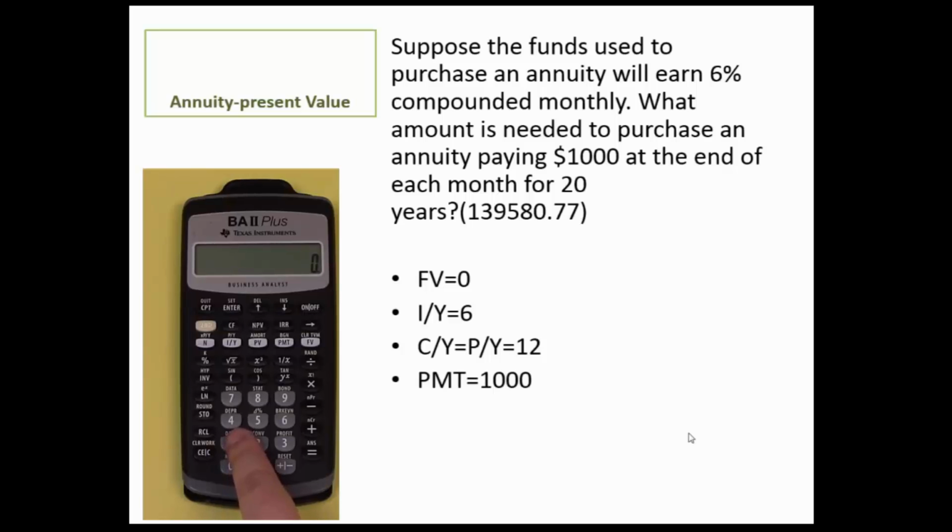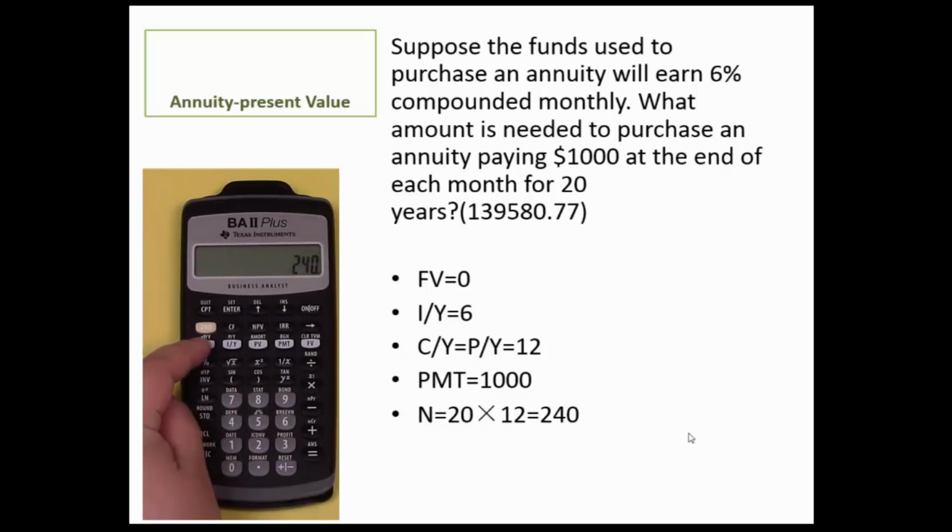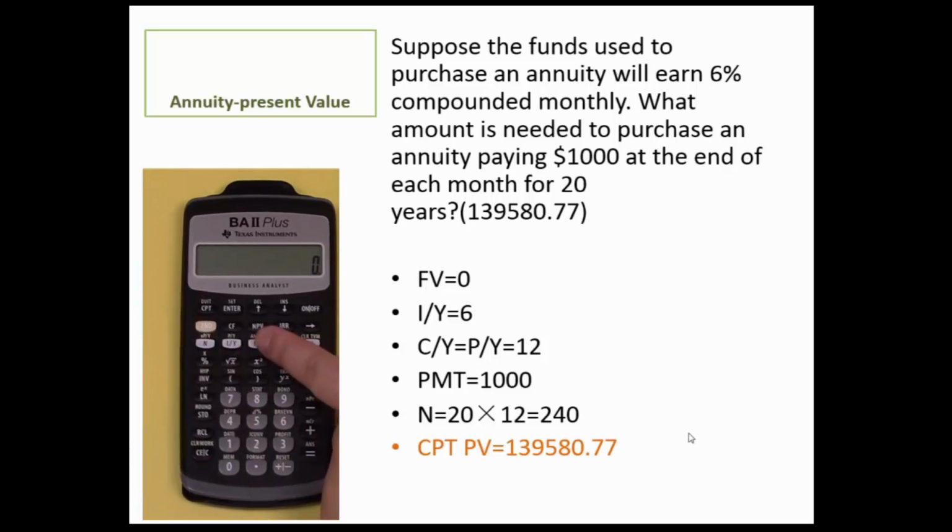The payment is $1,000. N equals 20 years times 12 months, or 240. Next, press Compute Present Value to get the answer.